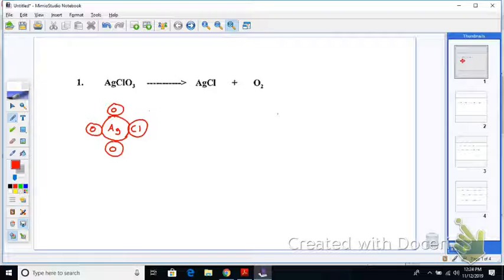So it doesn't really matter the size of the circles, as long as you're putting them all together. Then we get a reaction, and what we'll do is draw the Ag, similar size, and then we'll put a Cl off of it, like that, and then we'll do 2 O's together.